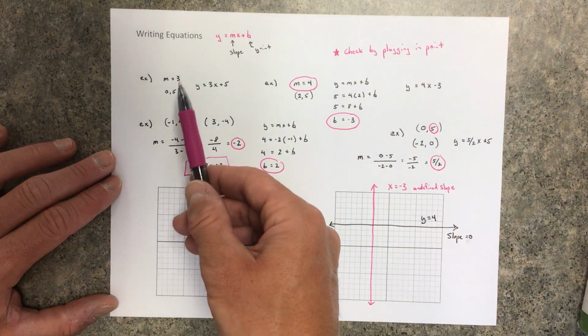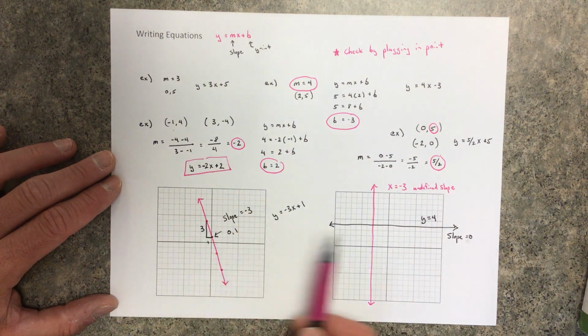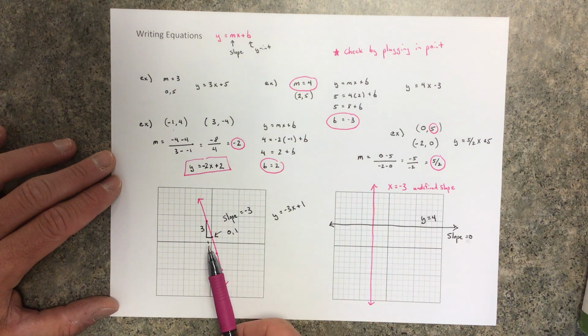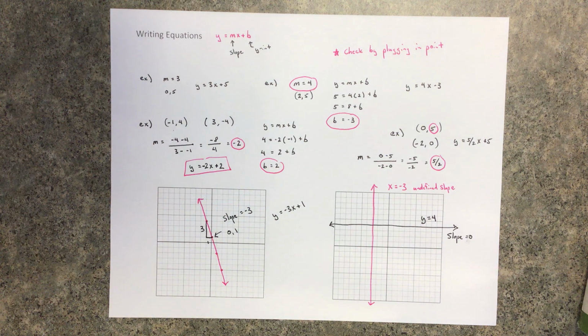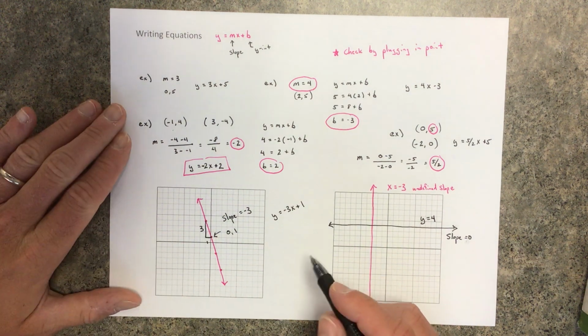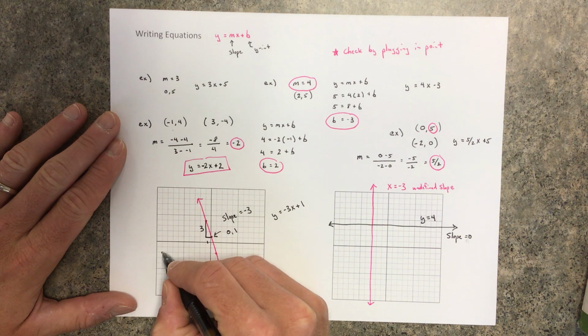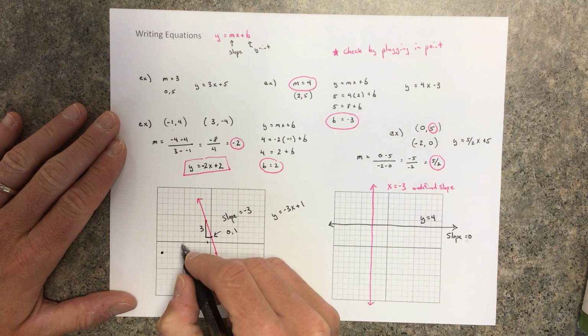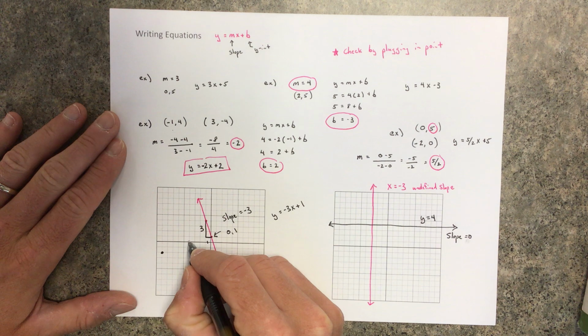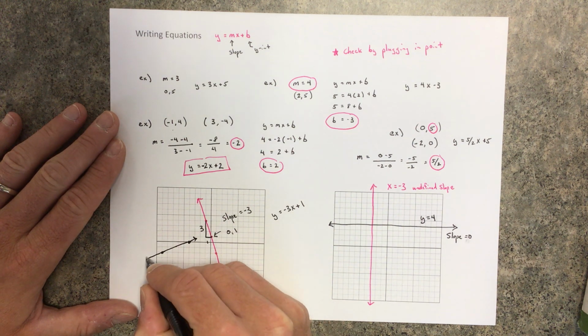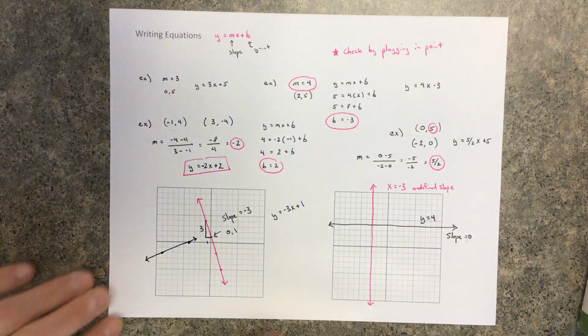I could just give you a slope and the y-intercept. I could give you a graph, so horizontal and vertical lines are special cases, but then normal things are like this. You wouldn't even have to know the y-intercept. What if I gave you like this point here and that point, right? That might be a little trickier to find that equation. Let's go ahead and do that one, and then we'll be done.